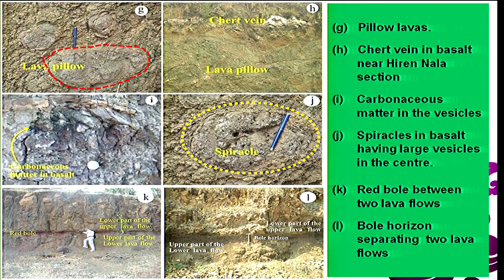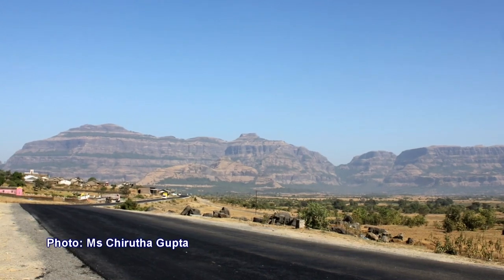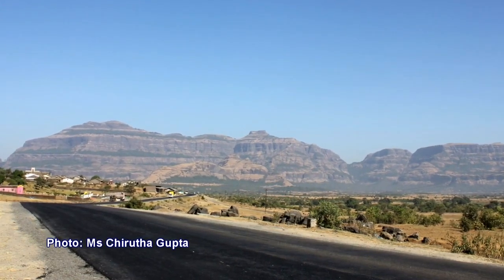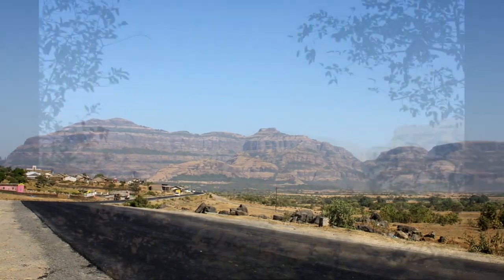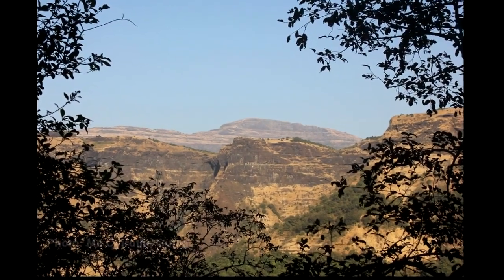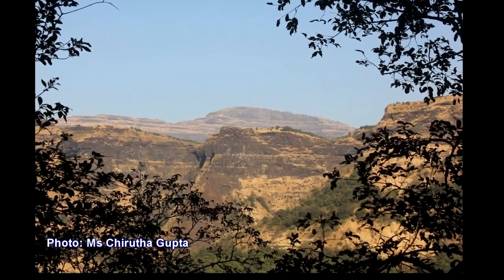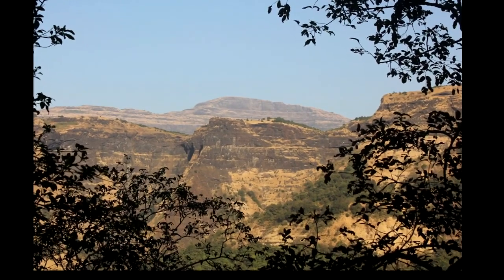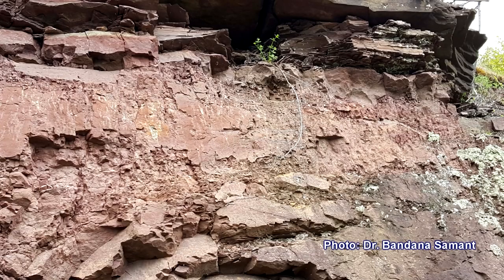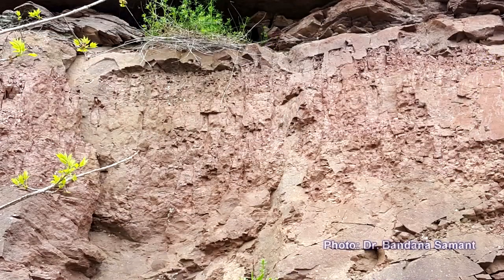See here, important thing, I have already told you the entire activity has taken place in phases after a certain time gap. The time gap is always there. It is not hypothetical, but it is evidenced by the presence of paleosols. Paleosols means ancient soils.